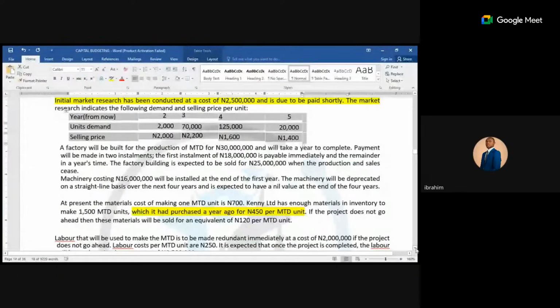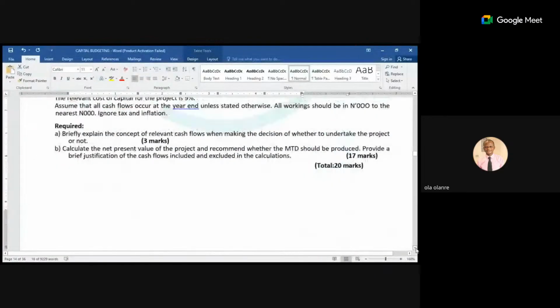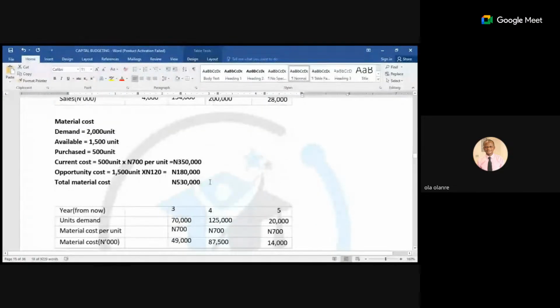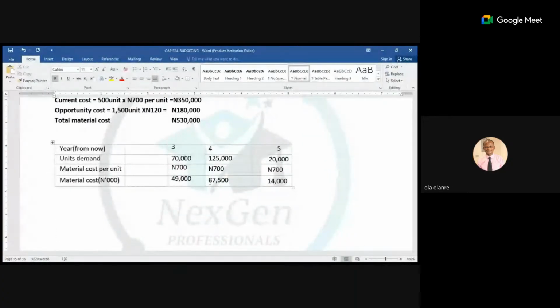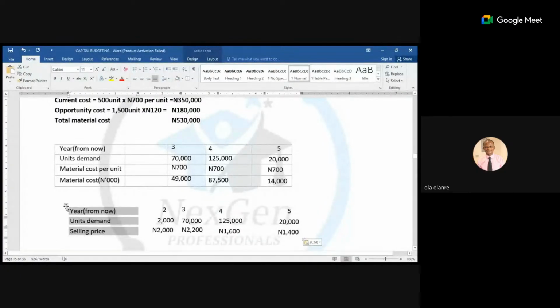Please go ahead. Okay. From the word redundant, so that means if we are not embarking on this project, it seems that the already existing labor will not be needed. Yes, and we have to pay them.